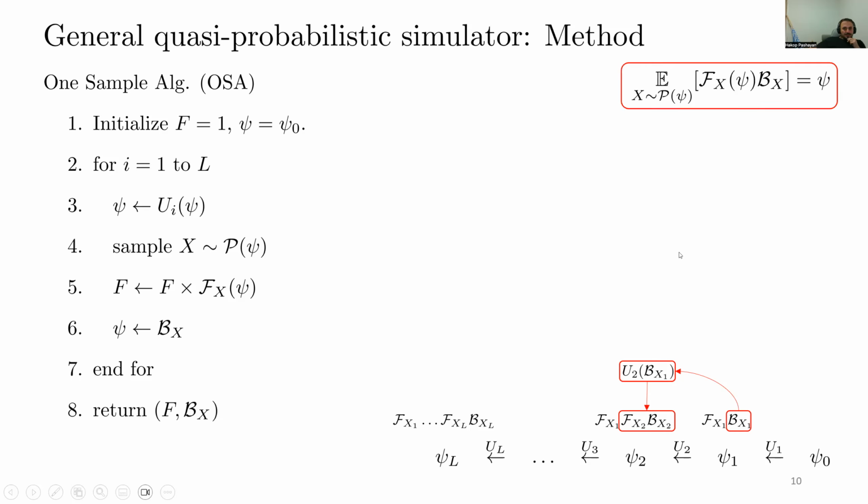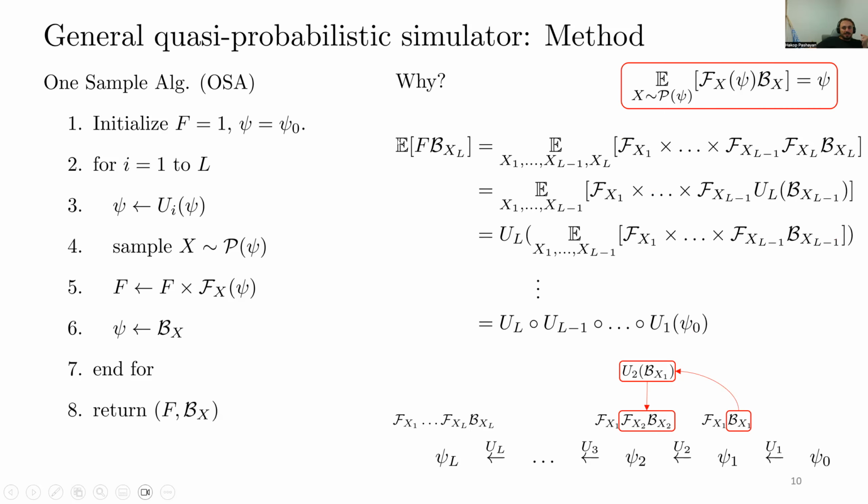Okay, so the key to why this works is really this equation here that says the expectation value of this f times b is psi. This is a one-step expectation value, but we want to use this argument to show that this f times this b is going to have expectation value psi L. So let me say that again.